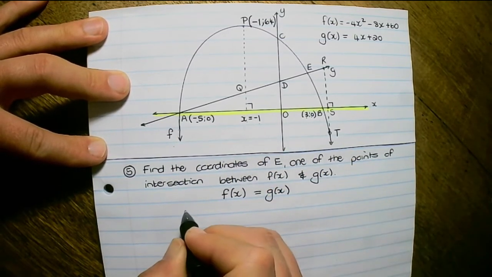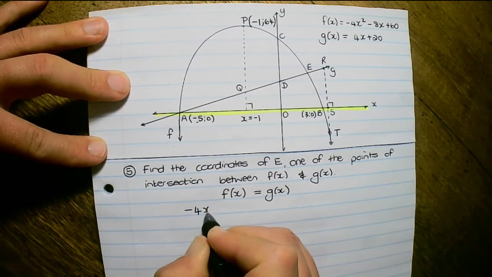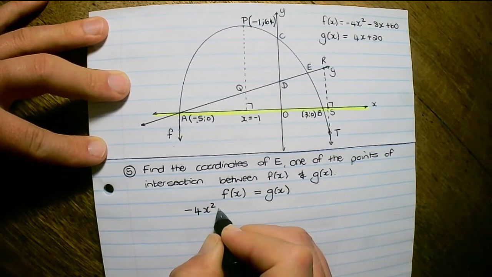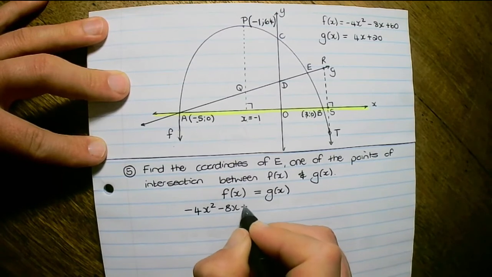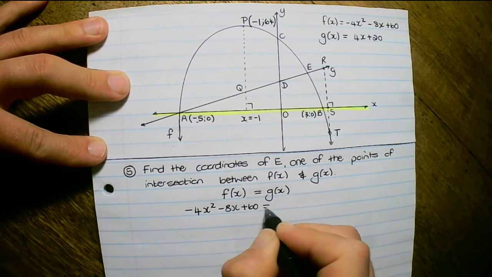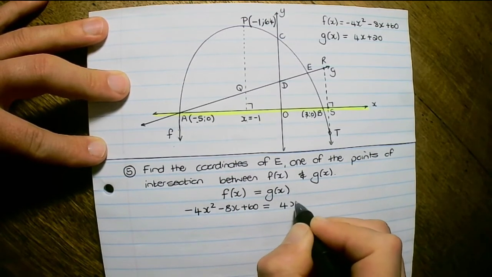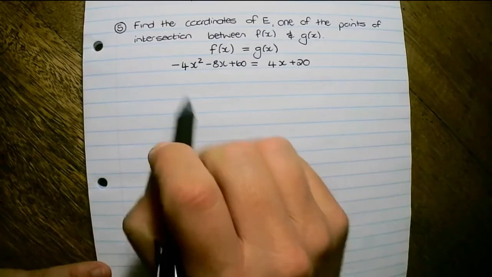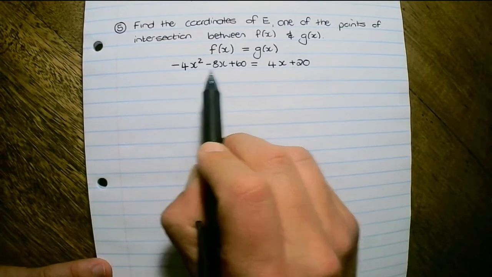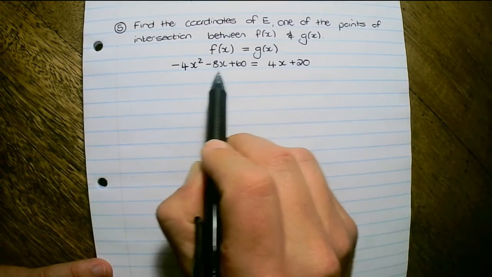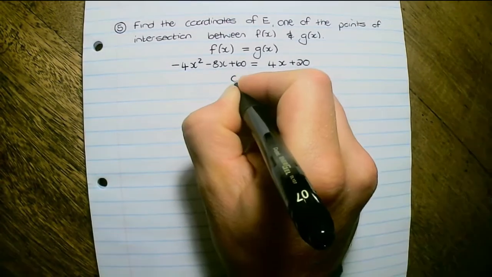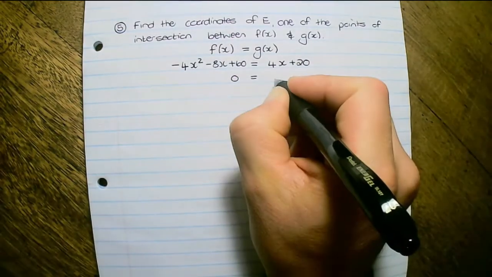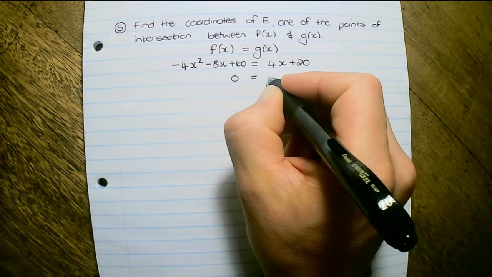So f(x) is negative 4x squared minus 8x plus 60, and g(x) is equal to 4x plus 20. Now I have created an equation and I can solve for x. So first, let's move everything to one side of the equation.